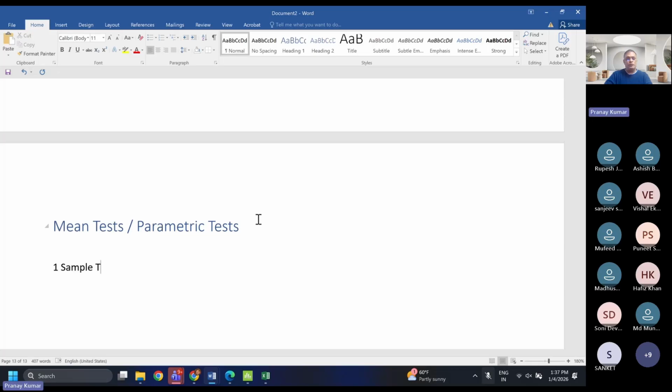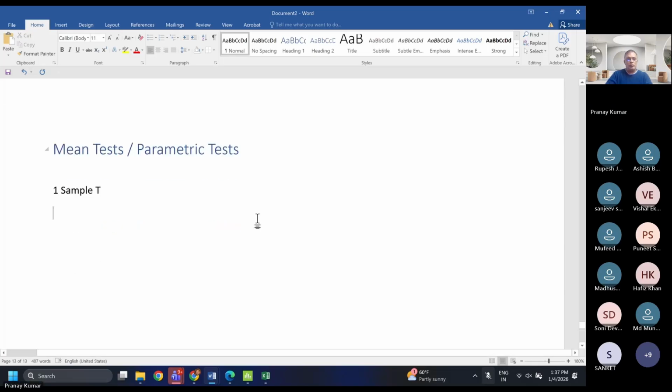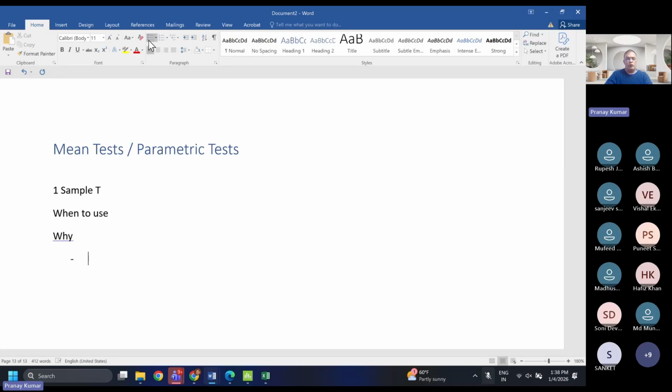This test is used, there are two usages. One usage is that if you want to compare mean of a group versus the standard.